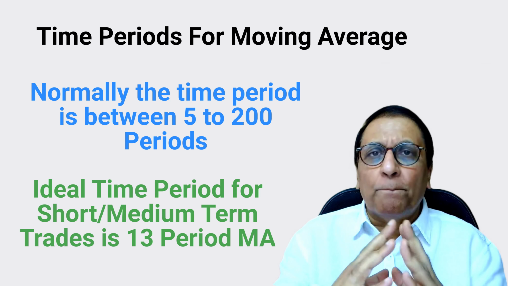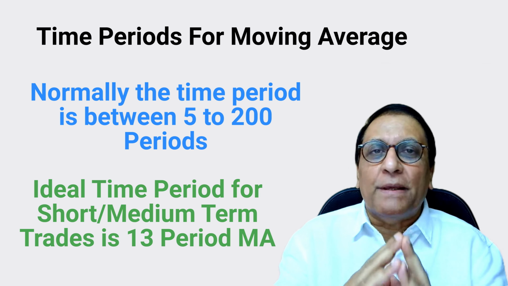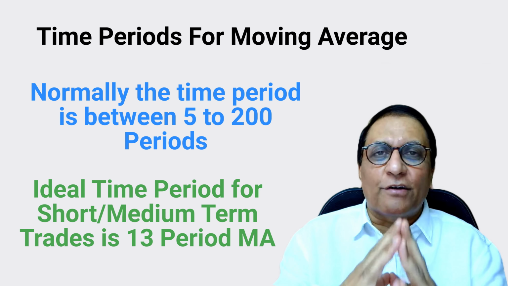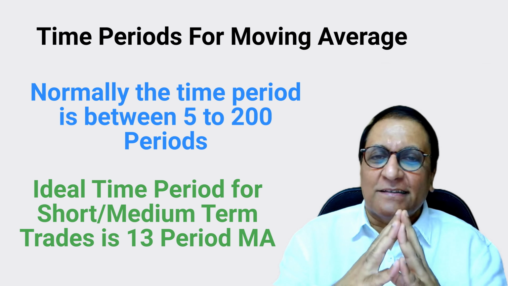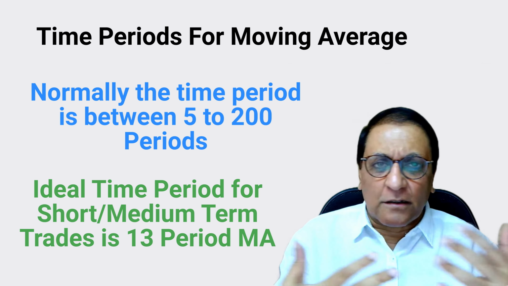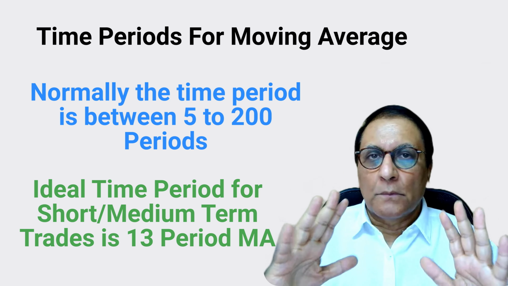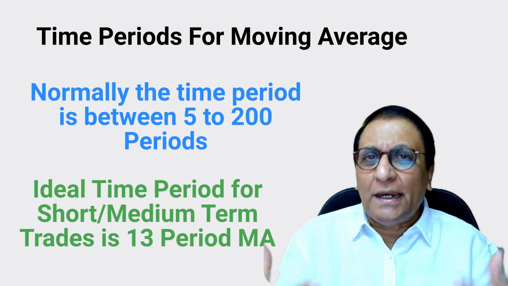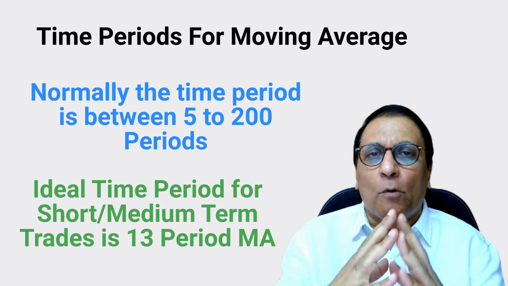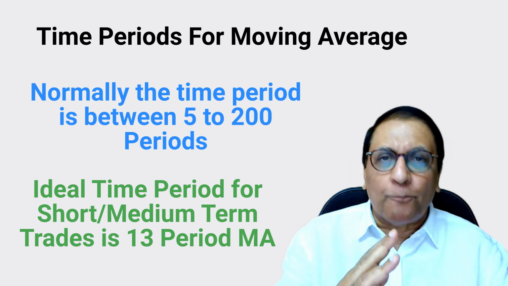An extremely important experience based piece of advice which I'm giving you is do not use moving averages on time frames which are less than hourly. You can use it on 5 minutes, 15 minutes, 30 minutes. Nobody is going to stop you. However, my genuine advice to you would be to use moving averages on a minimum of an hourly time frame upwards.